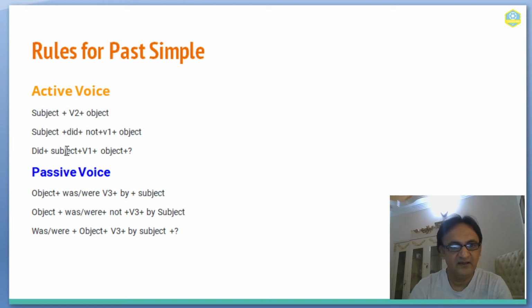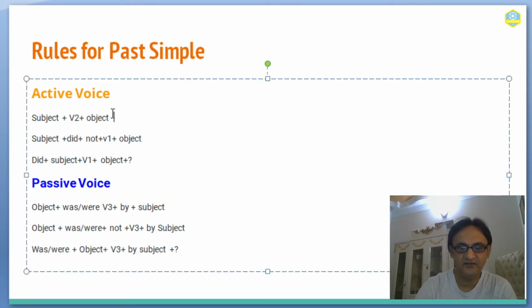For making an interrogative sentence, you have to put the helping verb before the subject. The first form of the verb will remain the same, then the object, and put the question mark. So these are the three formulas in which you can make active voice sentences of the past simple. First, the simple sentence.